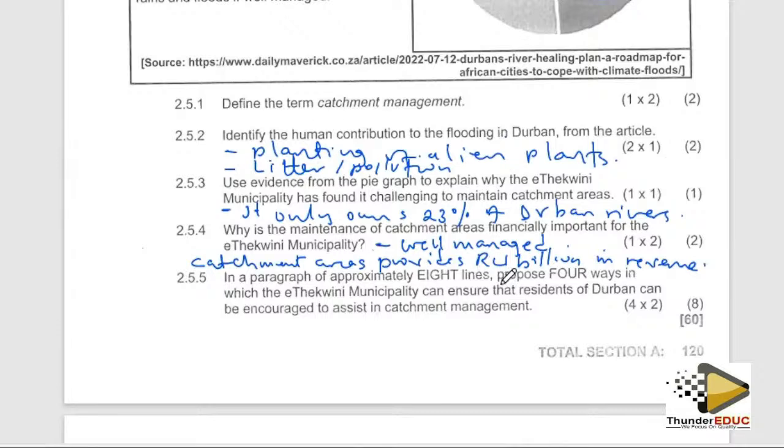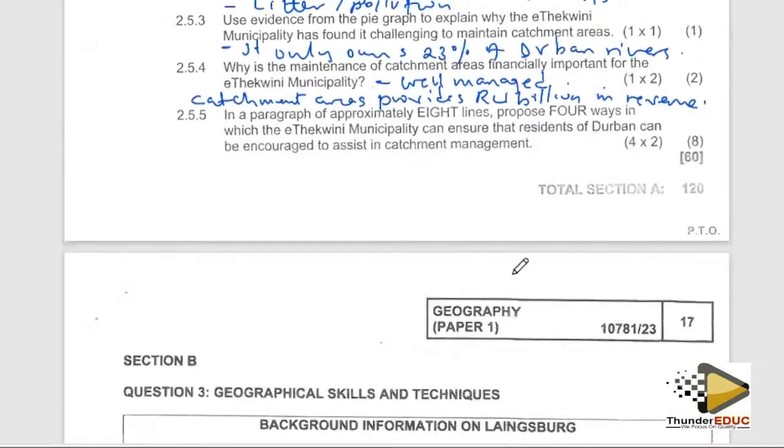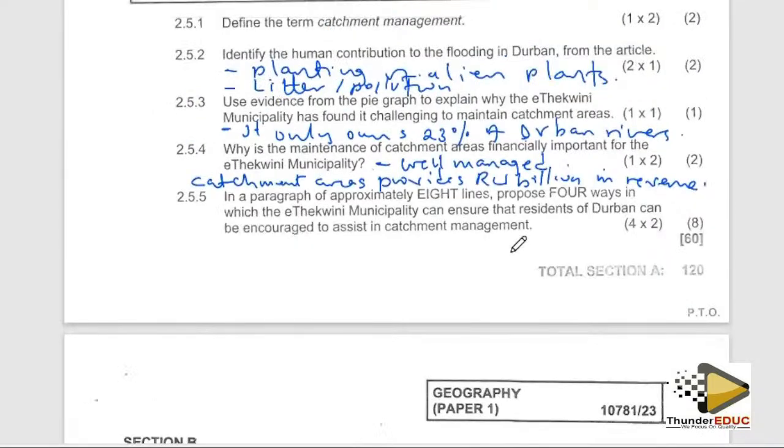Then 1.5.5. In a paragraph of 8 lines, propose 4 ways in which the eThekwini municipality can ensure that residents of Durban can be encouraged to assist in the catchment management.